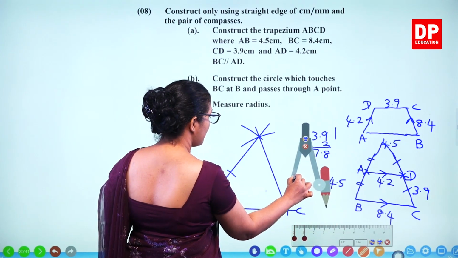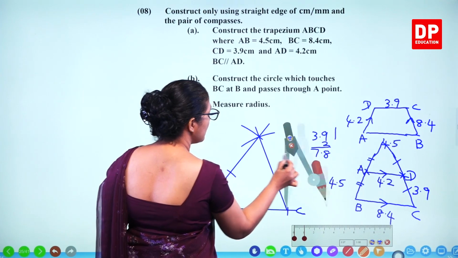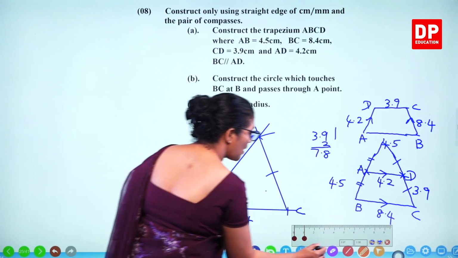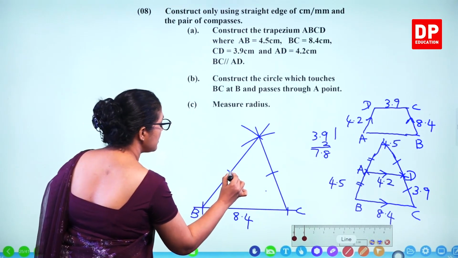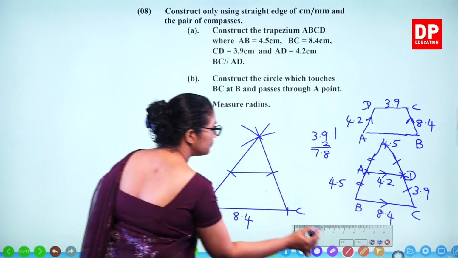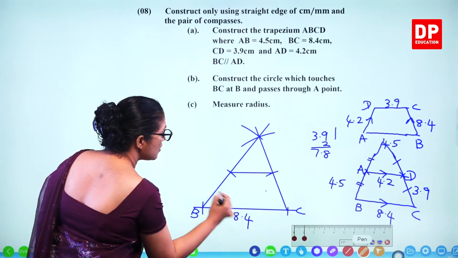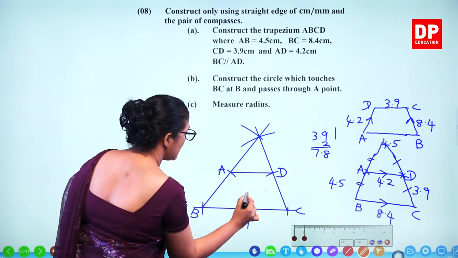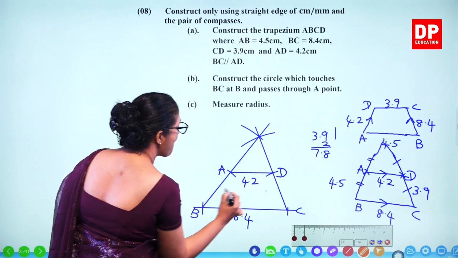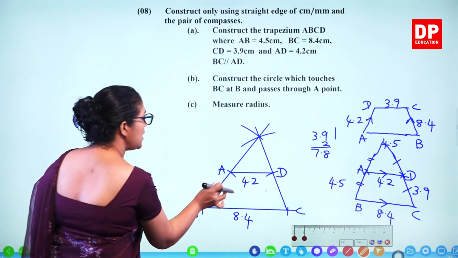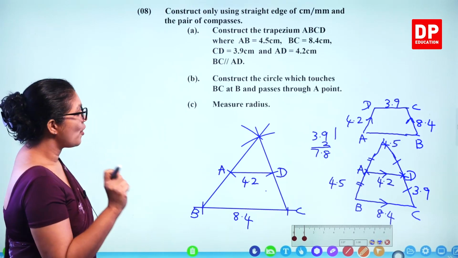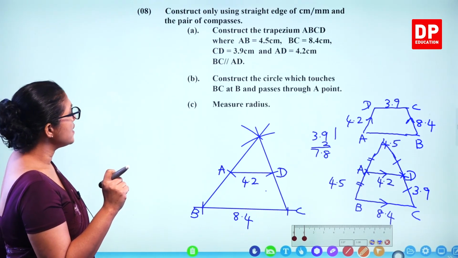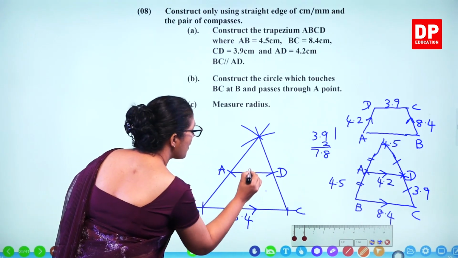Here, 3.9 is here. So those are the 2 points. Now you can connect A and D. So you get these two lines parallel. So this is AD, this is 4.2. So we use the property with the midpoint theorem. This line is parallel to this one.